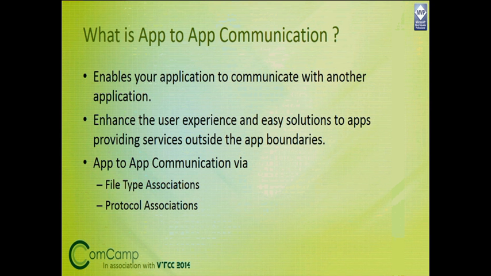There could be even various other scenarios as well where your app-to-app communication can be integrated. In the previous versions of Windows Phone, there was no built-in way for the app to communicate with other apps in the device, or there were no other means for the app to get associated, say, with a particular file extension.